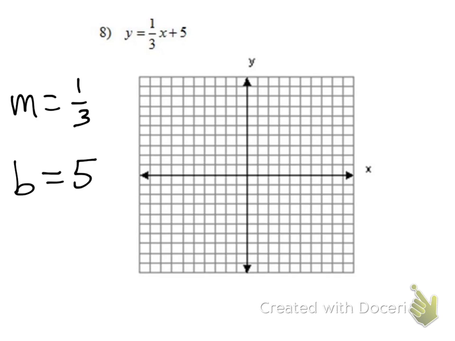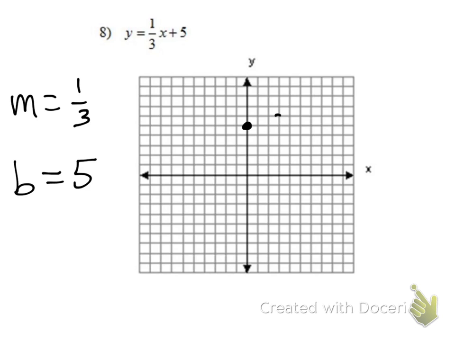So start at the 5. 1, 2, 3, 4, 5 on the y-axis. From there, what do you do? Go over 1. No, go over 3. First, you do what? Oh, you have to rise first. What's my rise number? 1. And then my run number? 3.